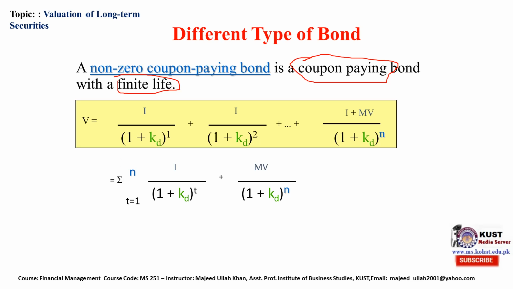So what is the difference? The difference is that if you invest in this type of bond, it will pay you the maturity value after a certain time. Let's suppose it is a 10-year bond, it will give you the maturity value back after 10 years along with the interest. So this bond will give you I amount of interest in the first year, then I amount in the second year, then I amount in the third year, and similarly I amount in n years.